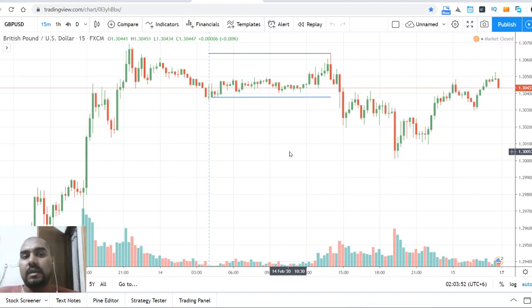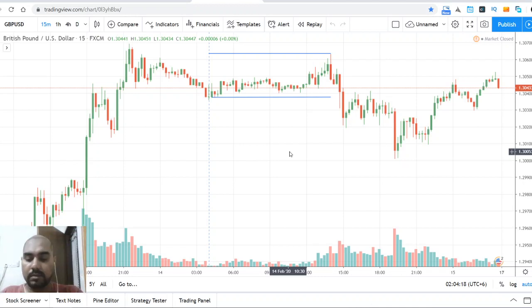I think it's kind of challenging, and I think it will test my knowledge properly. Before I start analyzing, I'll be listing the things that I need to think of and keep an eye out for before I place my trades.